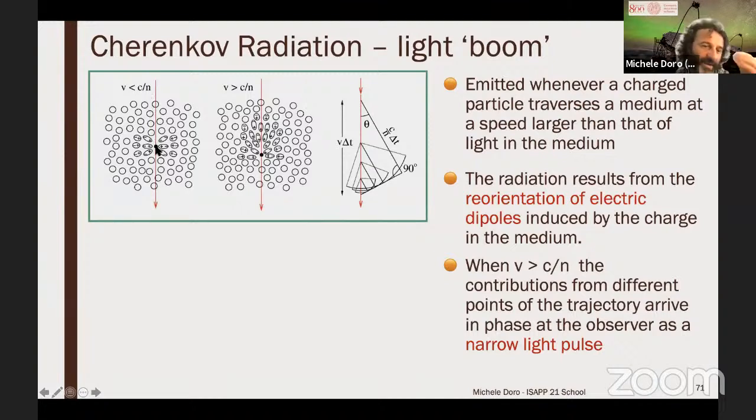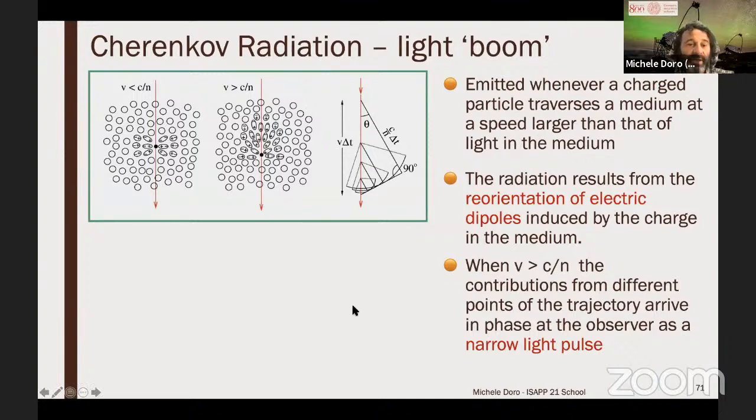You just have these dipoles that reorient. But if it's faster than this, then you have exactly the same phenomenon as the sonic boom. You have a light boom because there is a coherence in the reorientation of the dipoles. So you have not just scrambled light, but a coherent light front that can propagate.